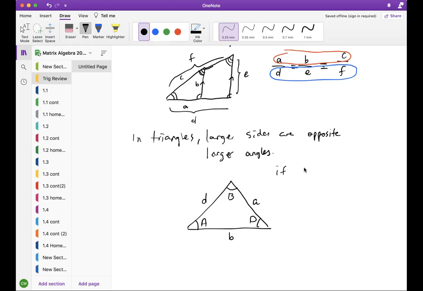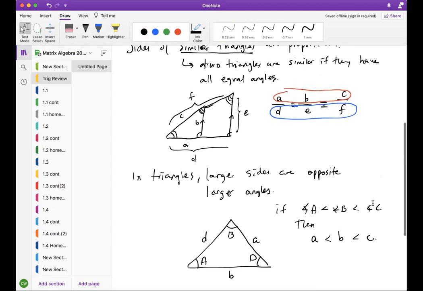If angle A is less than angle B is less than angle C, then side A is less than side B is less than side C.